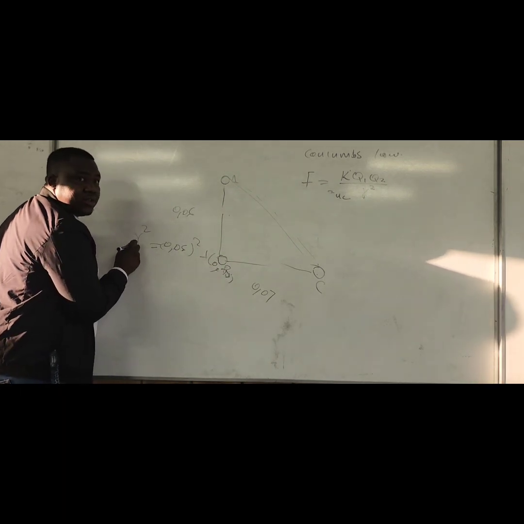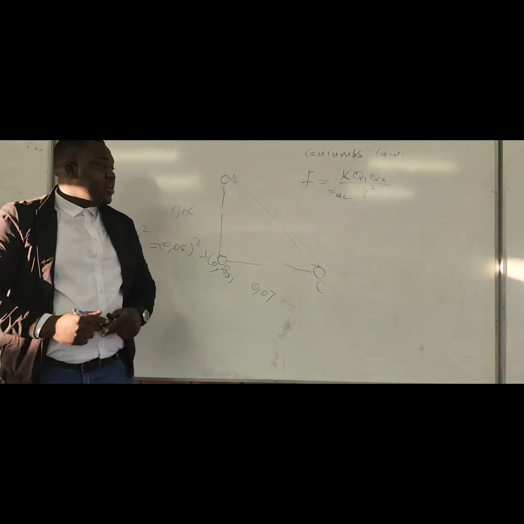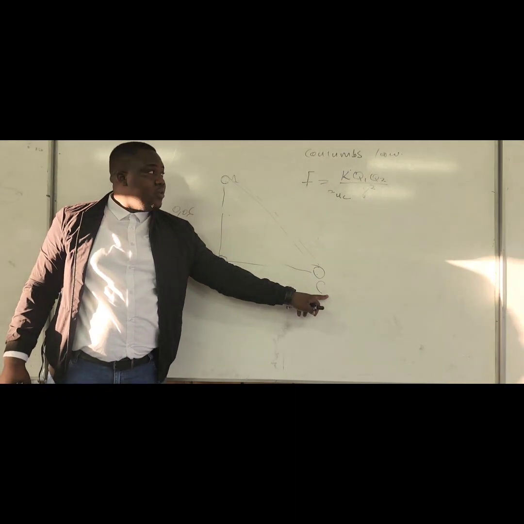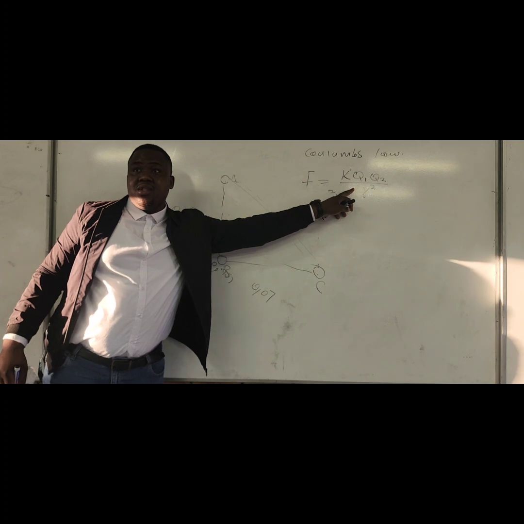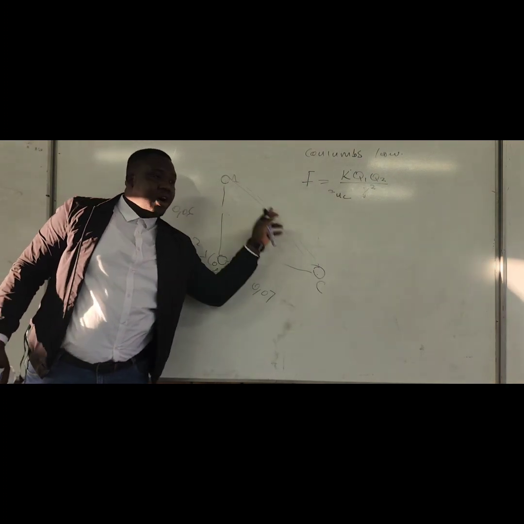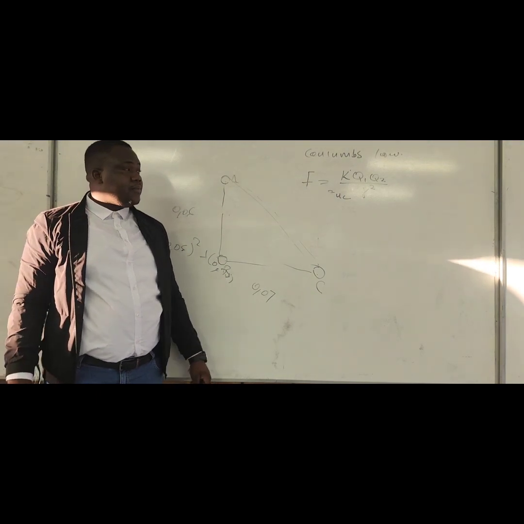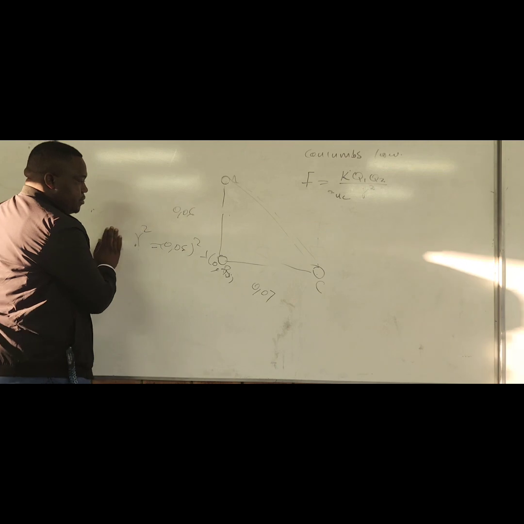Then you will get the electrostatic force for this one. The problem here is that you don't have the distance between A and C, so you cannot use the formula directly. You better use Pythagoras theorem to get this one because you are not given the distance. You understand? Okay, we are good, right?